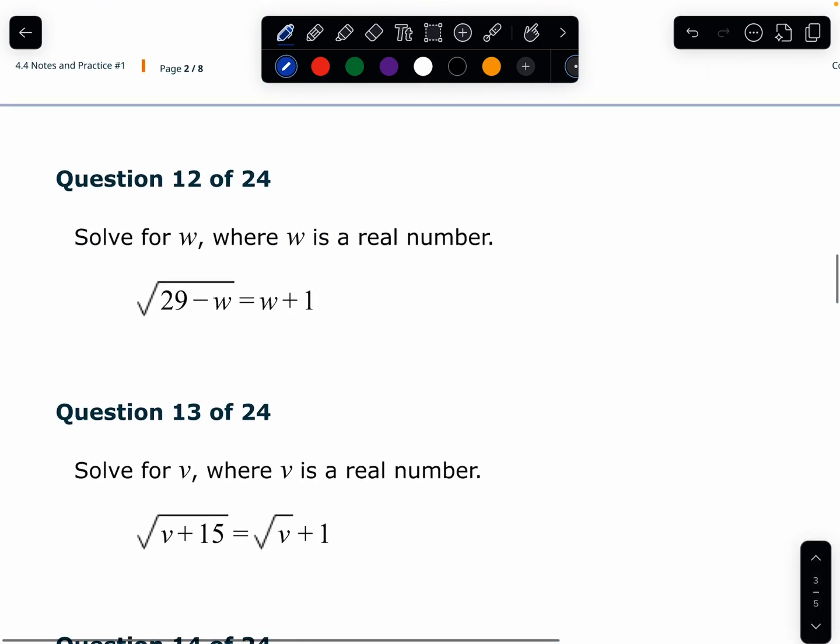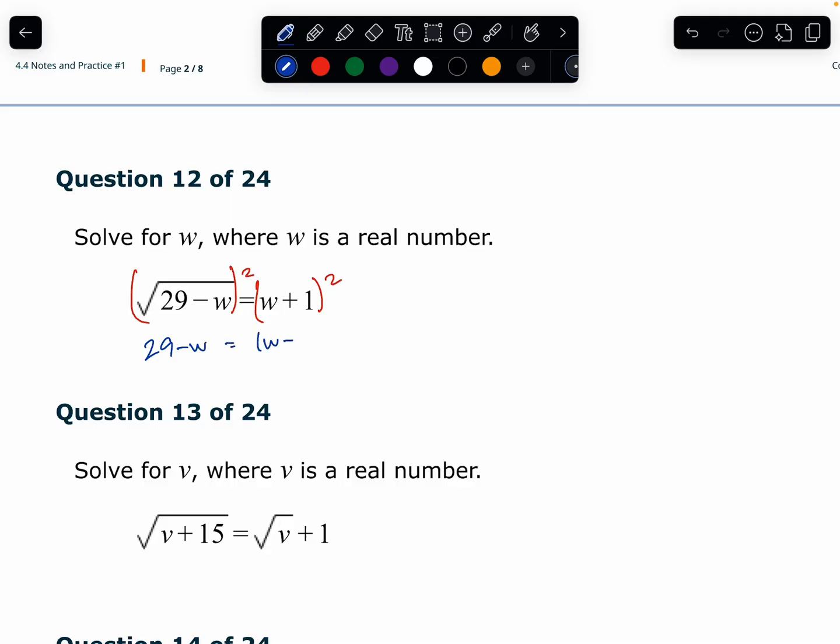For 12, very similar. We're going to follow the same process. We're going to square both sides. So that means on the right side, w plus 1 and w plus 1 has to be multiplied out.